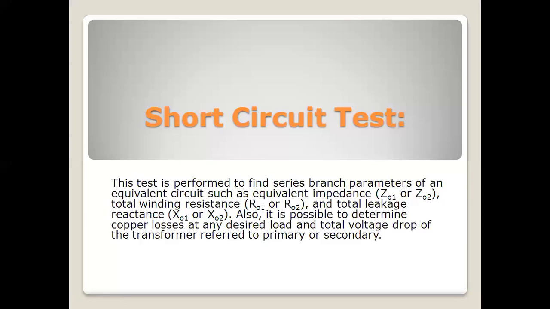So, the short circuit test is performed on the high voltage side of the transformer, keeping the low voltage side short circuited, in order to find the copper losses at any desired load, along with the series branch parameters of the transformer, that is the equivalent resistance and leakage reactance.